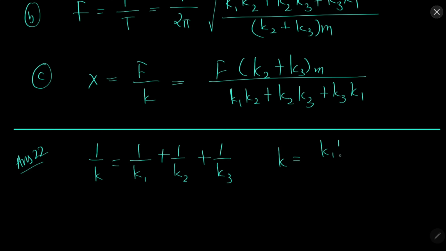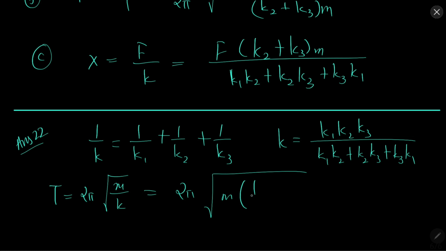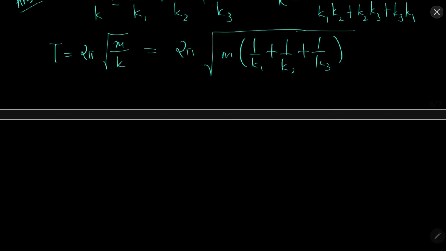K will be K1 K2 K3 over K1 K2 plus K2 K3 plus K3 K1. Time period is 2 pi root m over k, so it will be 2 pi root m times (1 by K1 plus 1 by K2 plus 1 by K3) after simplification.